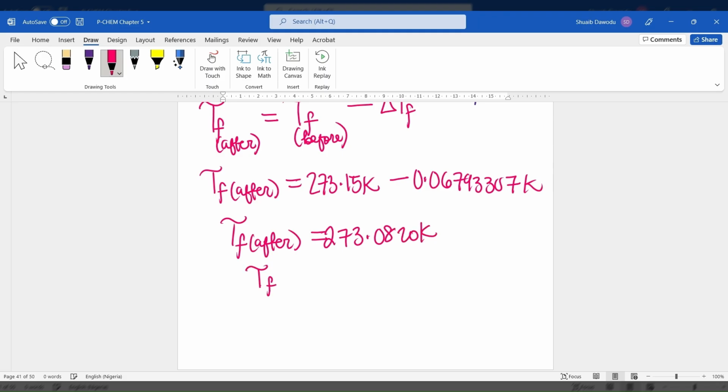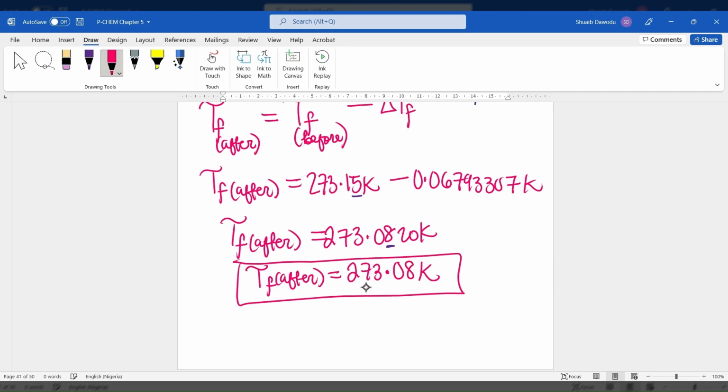And of course, T sub F after is simply going to be 273.08, because we have to put our final answer in two decimal places. So 273.08 Kelvin. As you can see, the value after mixing is actually less than the value of the pure solvent. So it went from 273.15 and decreased in value to 273.08, confirming the concept I just explained earlier with the diagrams.